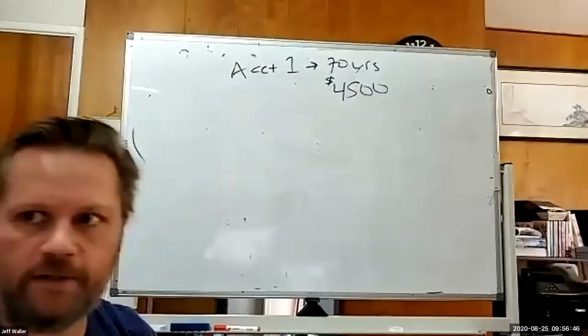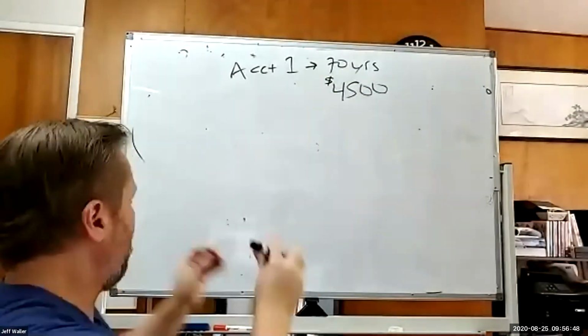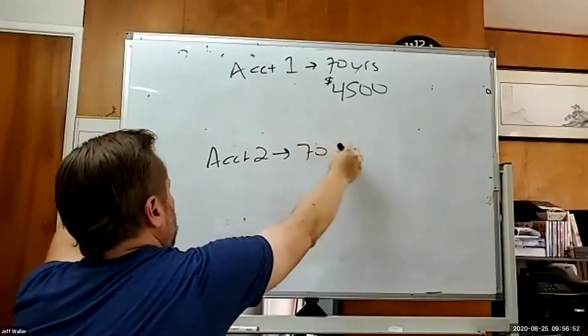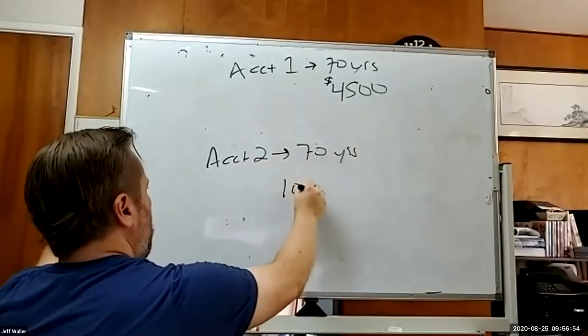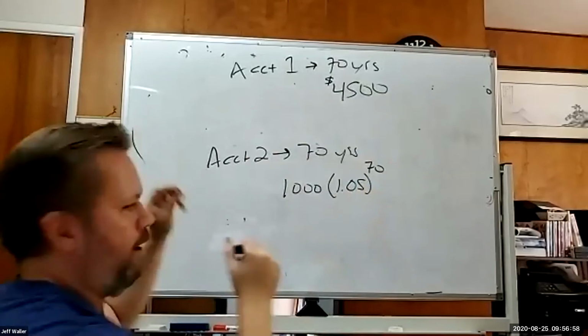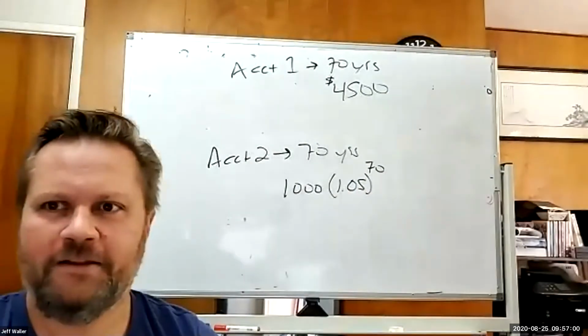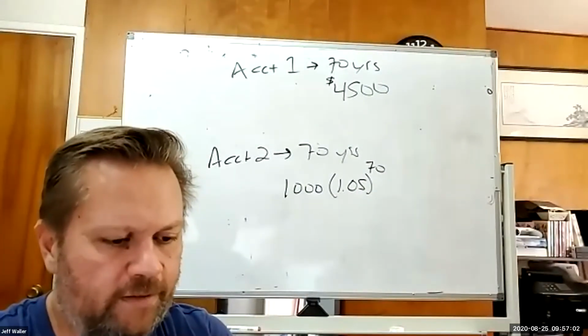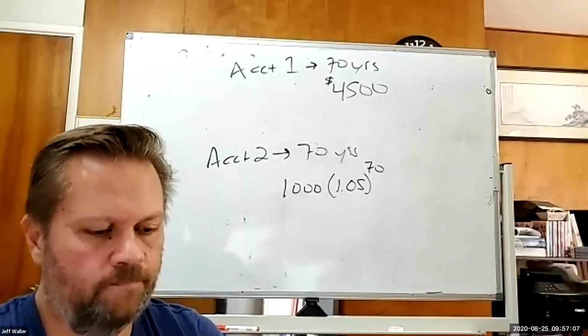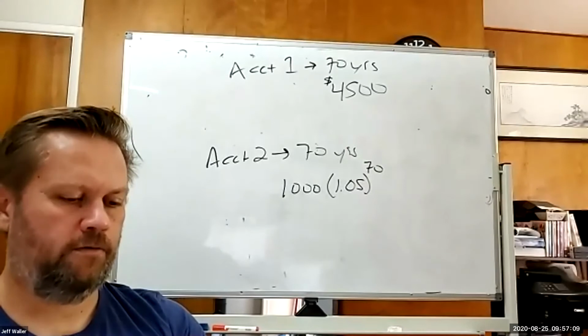We did that at the end of 70 years. So for account 2, 70 years would look like this: 1,000 times 1.05 to the 70th power. Now give that a try. Let's see what that is.